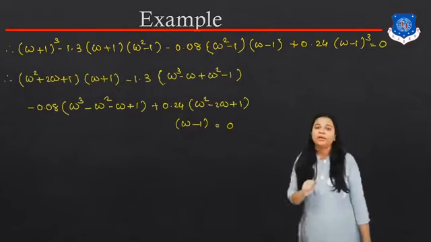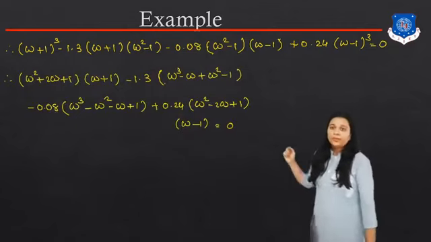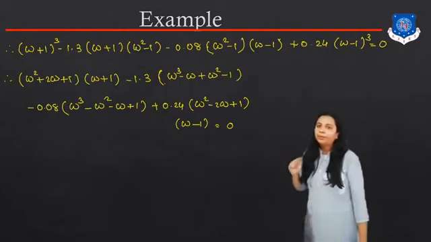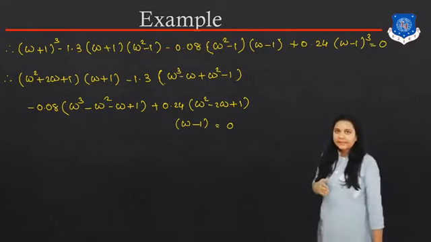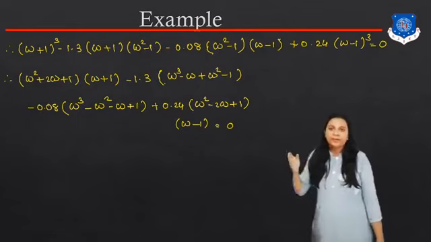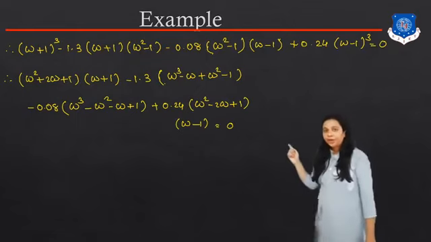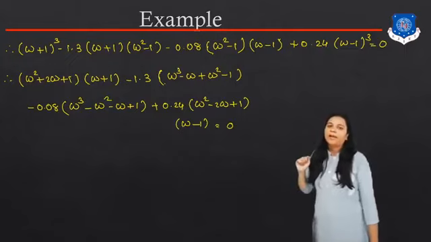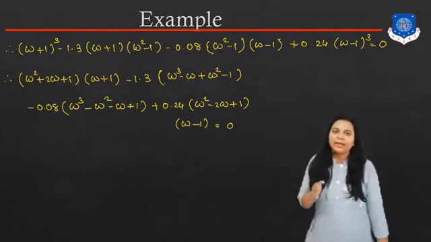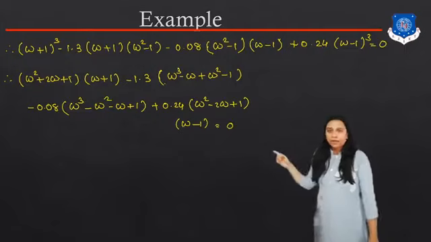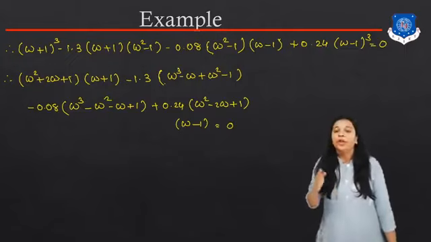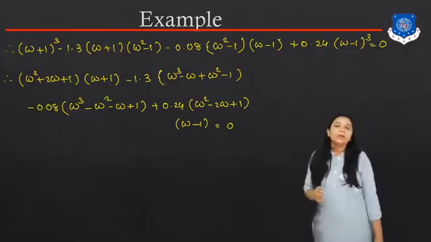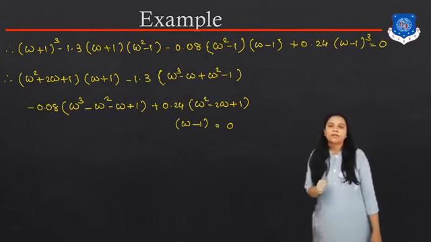Again multiplying the internal terms, we get (omega square plus 2 omega plus 1)(omega plus 1) as the expansion of (omega plus 1) cube, and we multiply out the remaining terms in the same way.